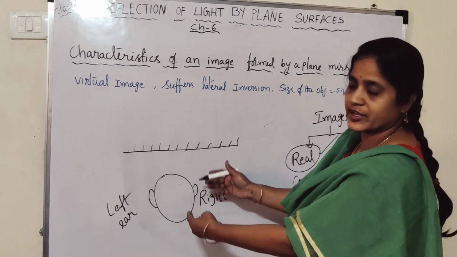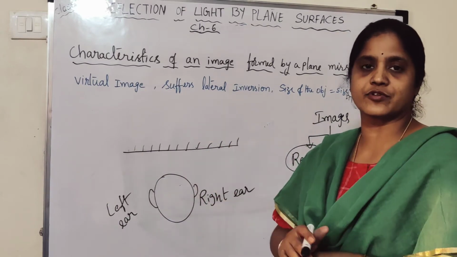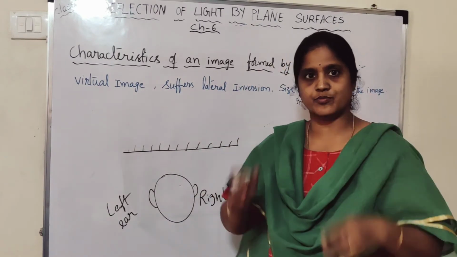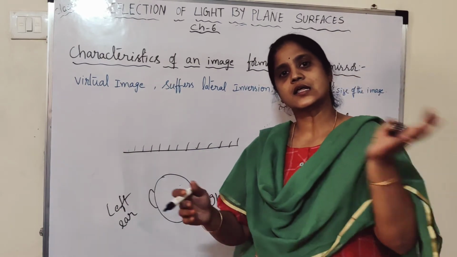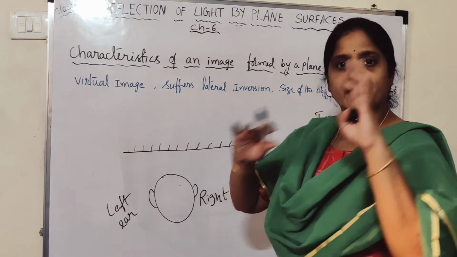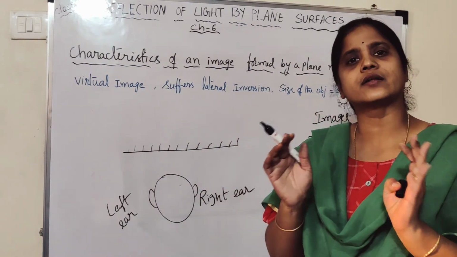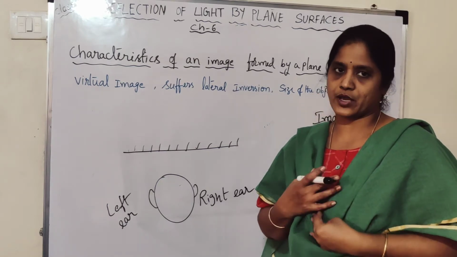When I observe in the mirror, it is laterally inverted. Lateral inversion means top and bottom stay the same, but left is right and right is left. So when light falls from any source, either the tube light or the sunlight, it falls on me, and my body is an opaque object.